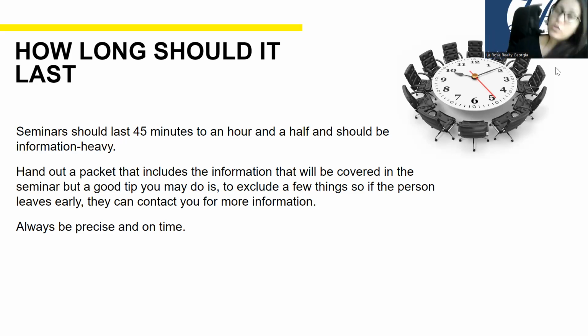So it's only acceptable to pass the time limit if the people are engaging in the conversation and the information given to them. So don't start late. If it says it starts at 6, start at 6.